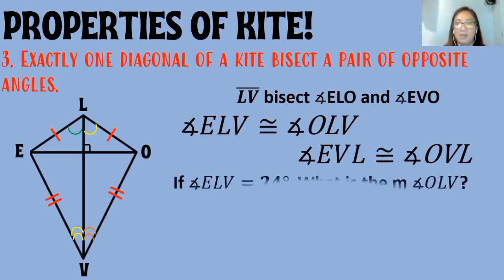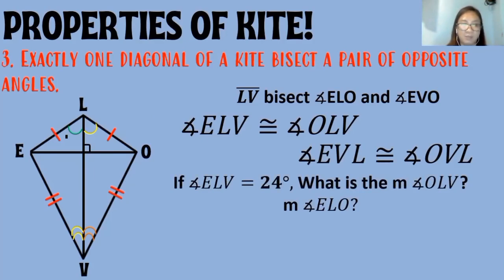If angle ELV measures 24 degrees, let's label it. What is the measure of OLV? The measurement of OLV is also 24 degrees because they are congruent.